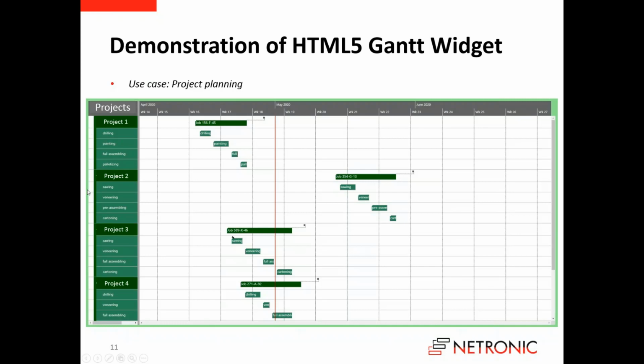So you get a visualization, you get the planning board, but all the functionality, the ribbon bar, is yours to develop and yours to decide what you want to place there or not. What we provide is a visualization of what you send to our widget.